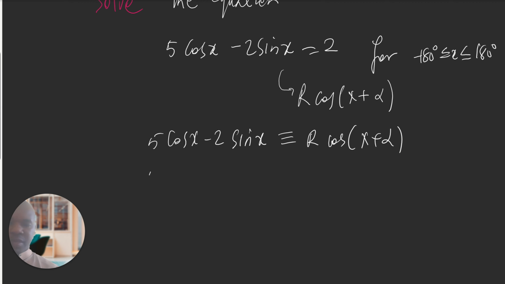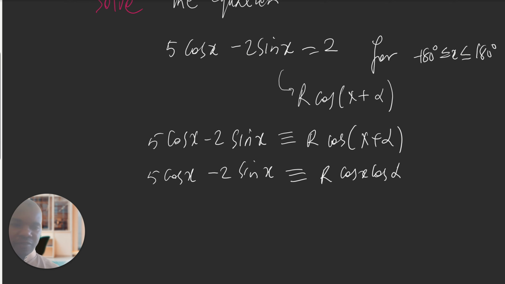You open the bracket to have 5 cosine x minus 2 sine x, which will be r cosine x cosine alpha minus r sine x sine alpha.